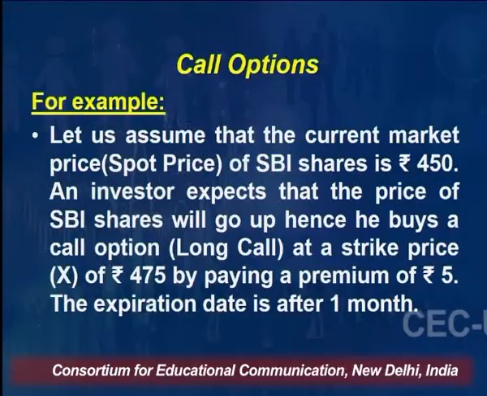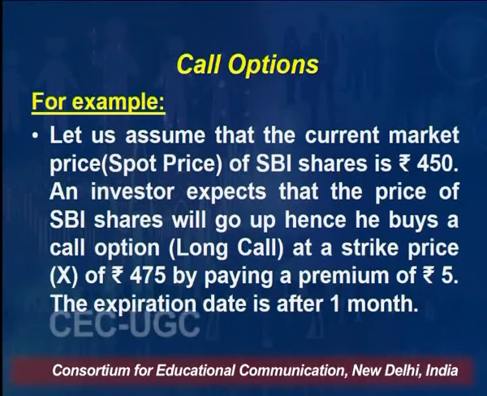When the buyer feels that the price will go up, then he buys a call option. So the option holder feels that the price of SBI will go up. So what he does, he buys the call option of the SBI share, and the strike price is rupees 475.